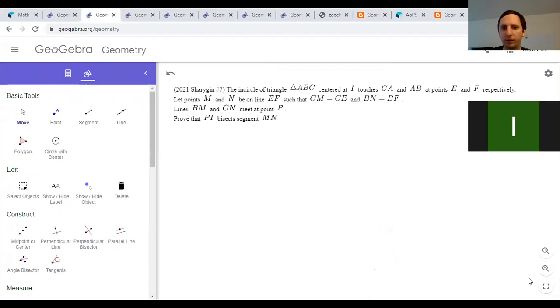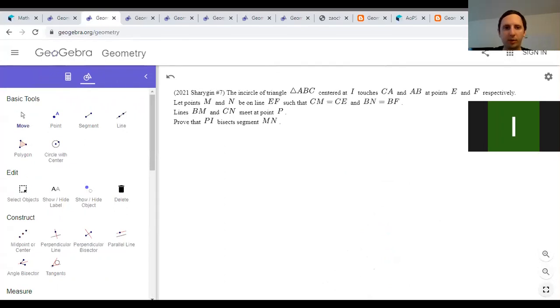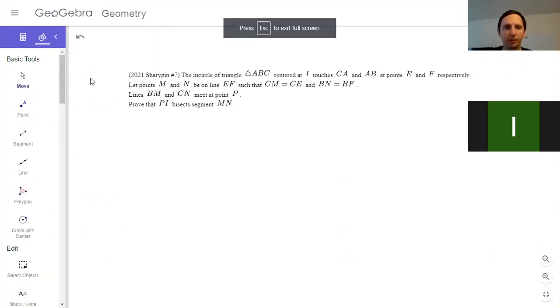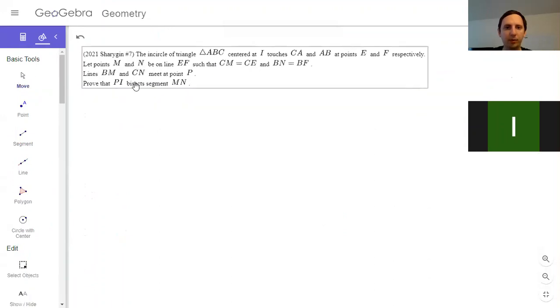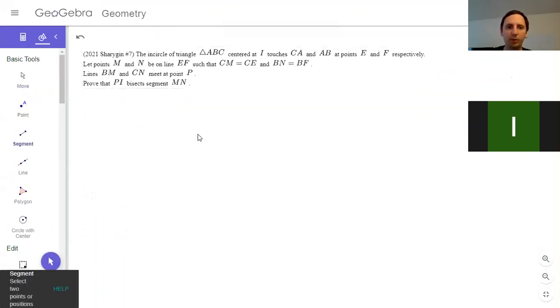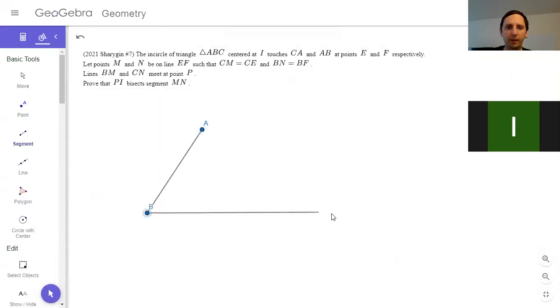All right, here's the next problem. So this is also from the Sharygin. It was number 7. So I don't know if they're in order of difficulty or not. I thought they were, but it's possible they're not.